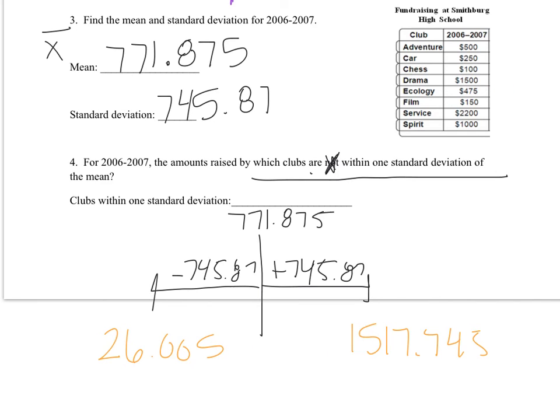Ecology, that's in between them. Film, that's in between them. Service, no, I'm not including service. Service would not be included. It is not in between 1 standard deviation. And spirit, that is in between 1 standard deviation. So those would all be my answers for the last one. There you go. There you have it. Standard deviation.